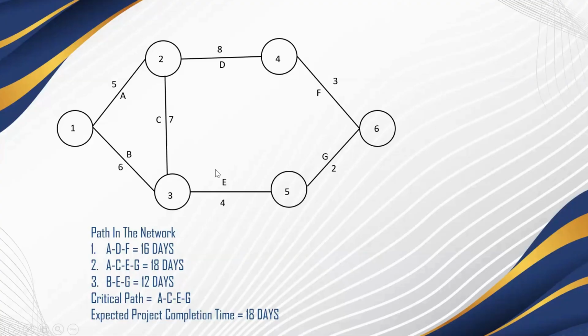As we are seeing that, we just put the numbers and see which route takes the least time, or which route takes the highest time. ACEG is the critical path as it is taking the highest time, and the expected project completion time is 18 days.